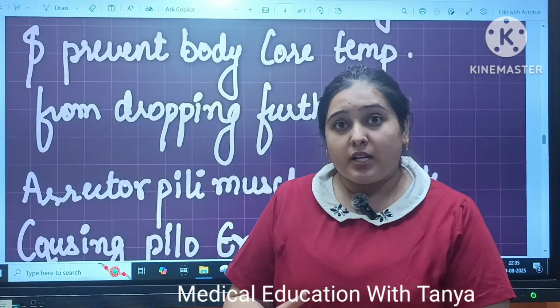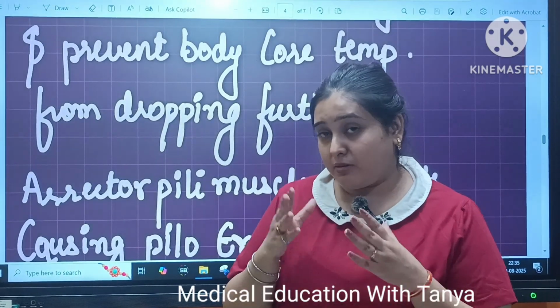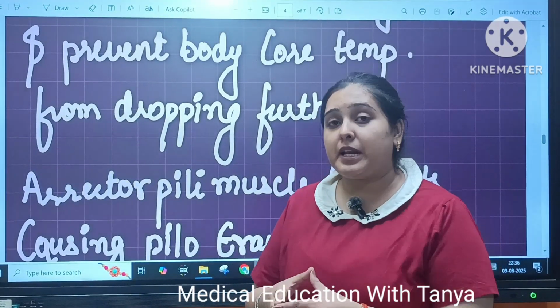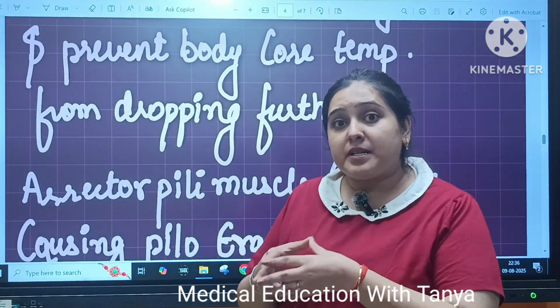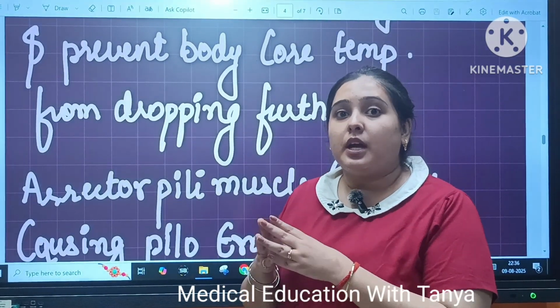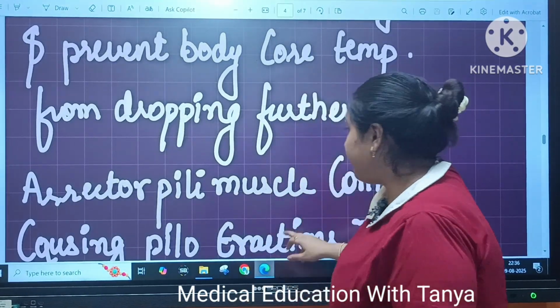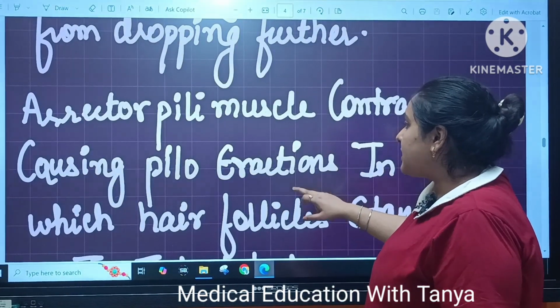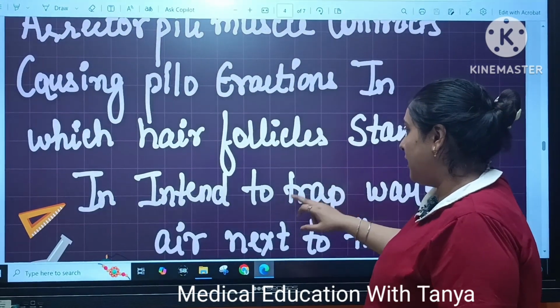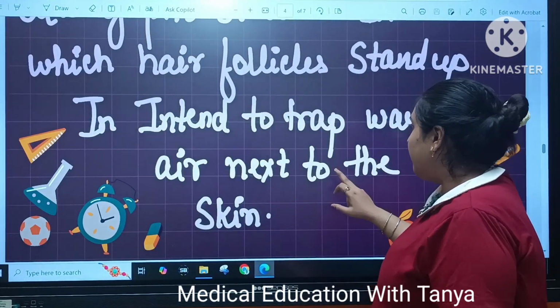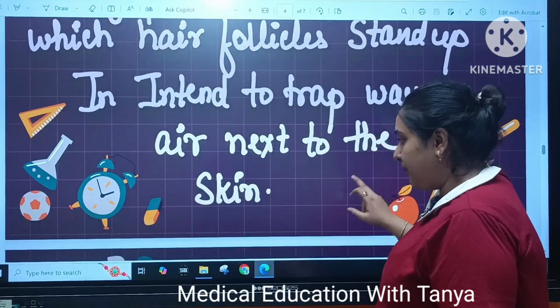So during the goosebump process, the arrector pili receptor gives a proper command and provides a proper impulse to the hair follicles to produce goosebumps. It contracts, causing piloerection, in which the hair follicle stands up and tends to trap warm air next to the skin.